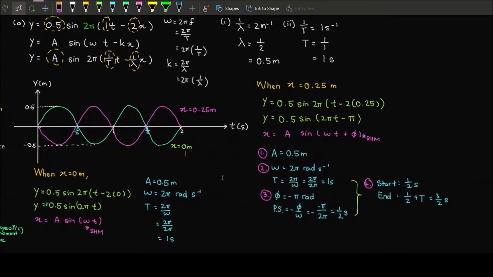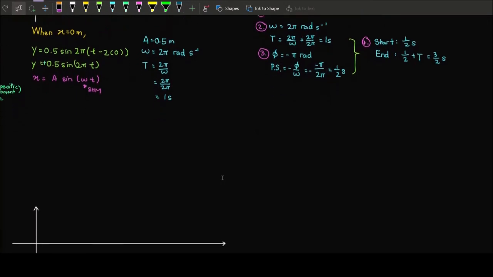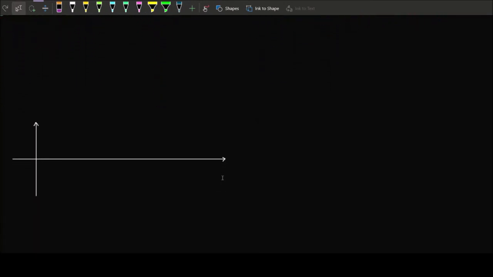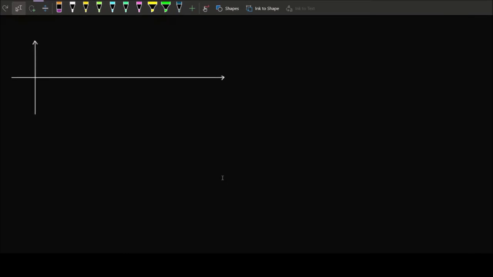Remember, one time is time equals 0, the other one is when time equals 0.25. Okay, so let's label the graph first. It's a displacement distance graph, so it's y for the y-axis, then x for the x-axis.